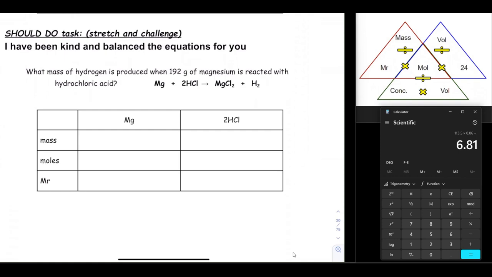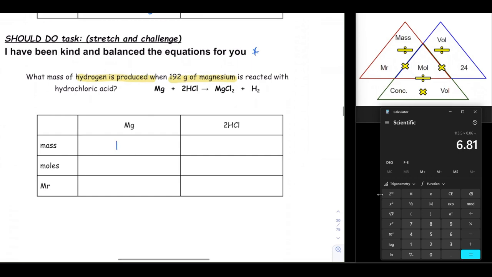But if you were hungry for a bit more of a challenge, we can do a stretch and challenge activity by looking at what mass of hydrogen is produced when 192 grams of magnesium is reacted with hydrochloric acid. First, again, the equation has been balanced for you, so that's quite nice. So let's have a look. I've got 192 grams of magnesium. The relative molecular mass of magnesium is 24.